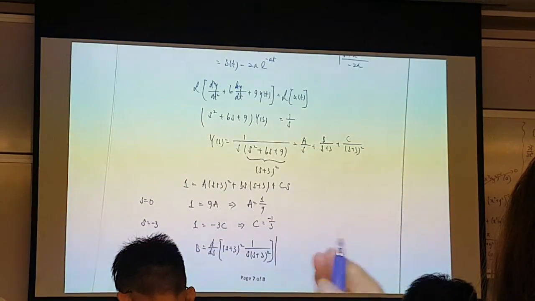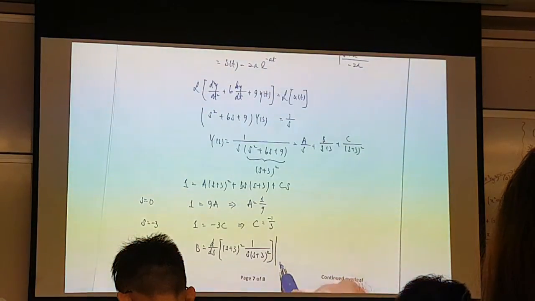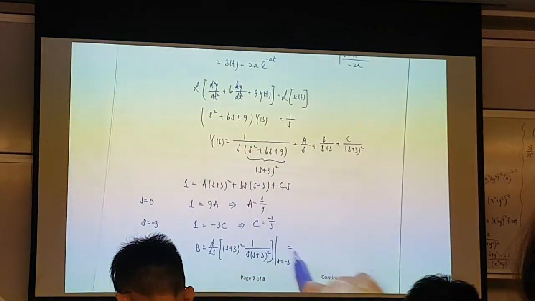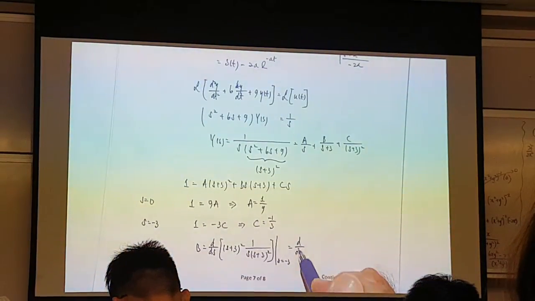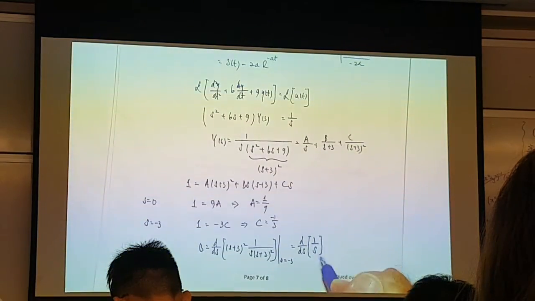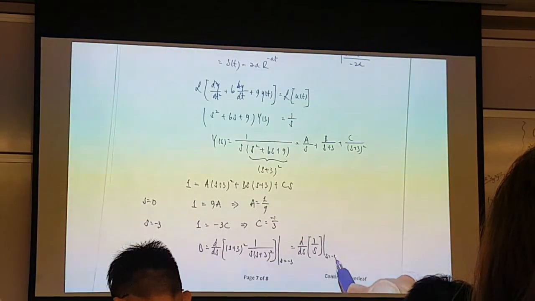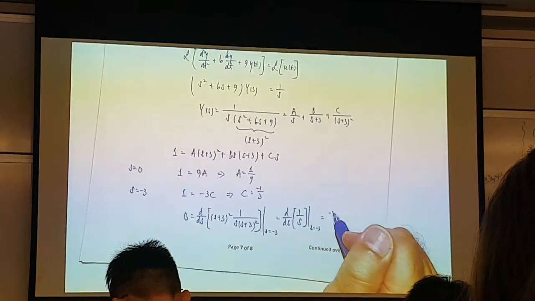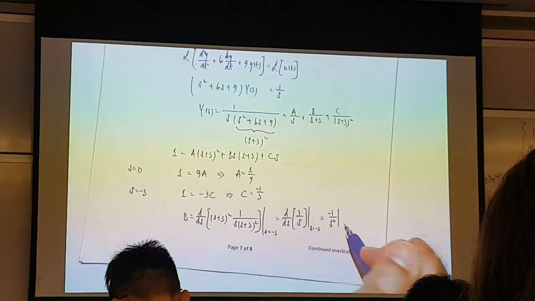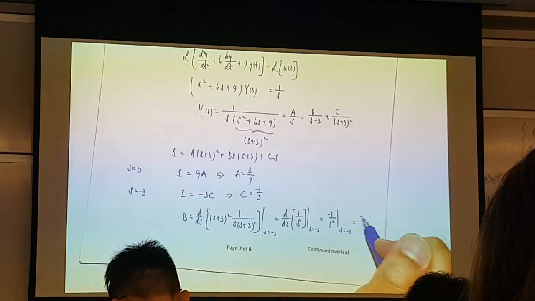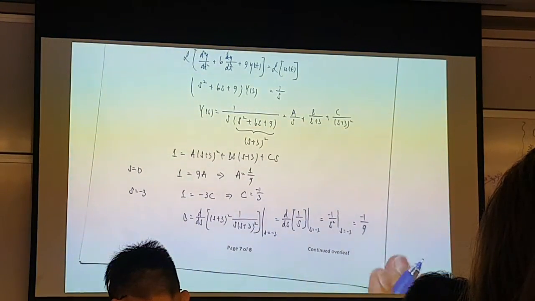You differentiate it and evaluate it at s equal to minus 3. So what we are carrying out is d/ds of 1 over s, evaluated at s equal to minus 3, and this will give you minus 1 over s squared, evaluated at s equal to minus 3. This will give you minus 1 over 9.